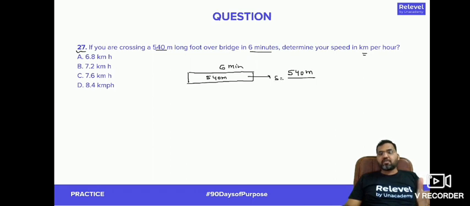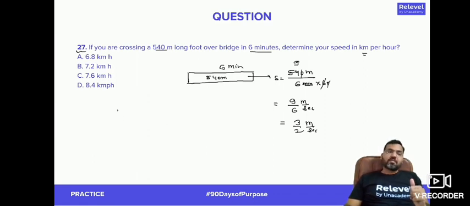So speed would be distance upon time, right? 6 minutes can be converted into seconds by multiplying it with 60, right? So this will be 9 upon 6, right? 9 upon 6 meter per second, which is 3 upon 2 meter per second. Now we know that 1 meter per second, in the first session we did, 1 meter per second is 18 by 5 kilometer per hour.